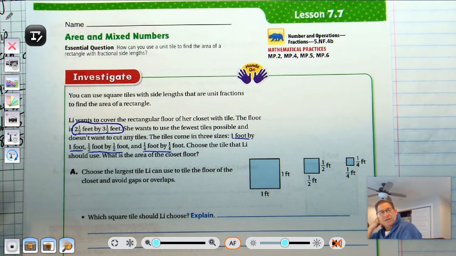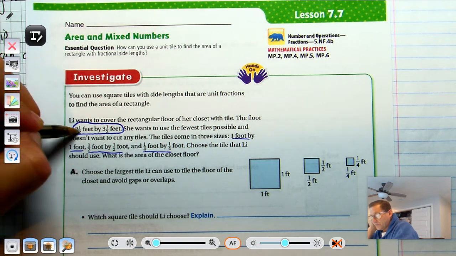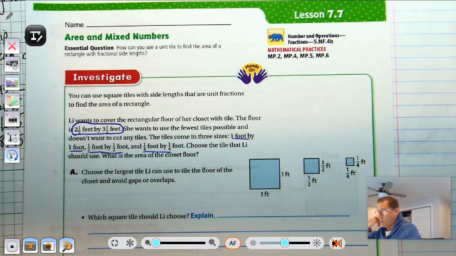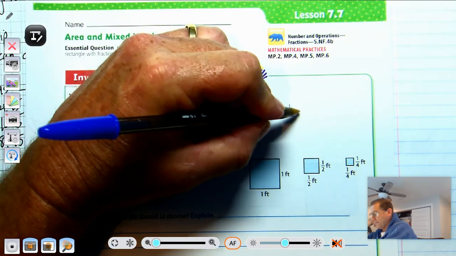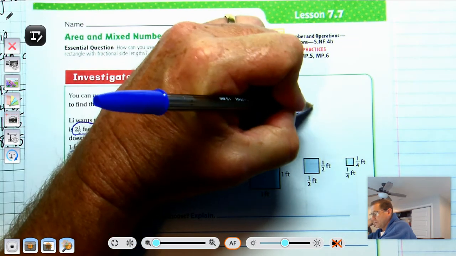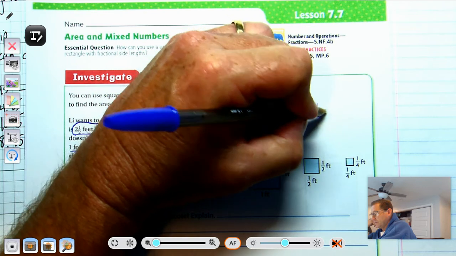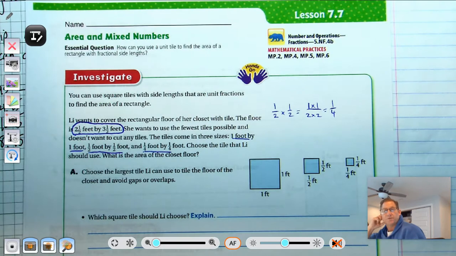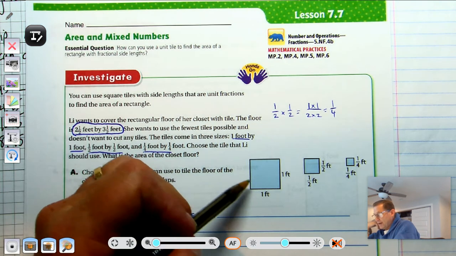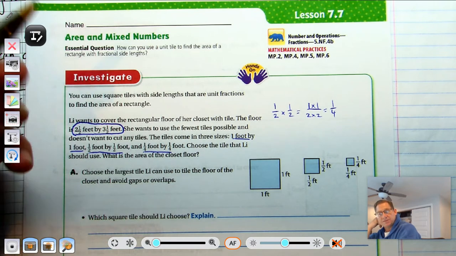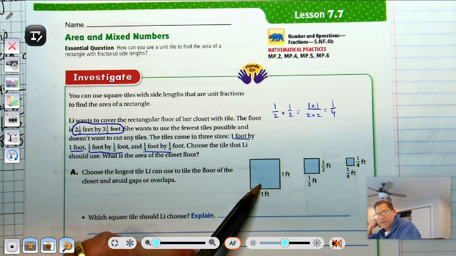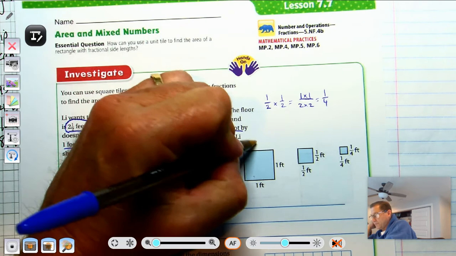Well, if we just looked at the areas of these, and we focus on just the fractional part of the floor, 1/2 by 1/2 is 1/4, right? So if I tried to cover that fractional part of the floor, let's say there were fourth size pieces, the 1 by 1 would be 1 times 1 is the area.